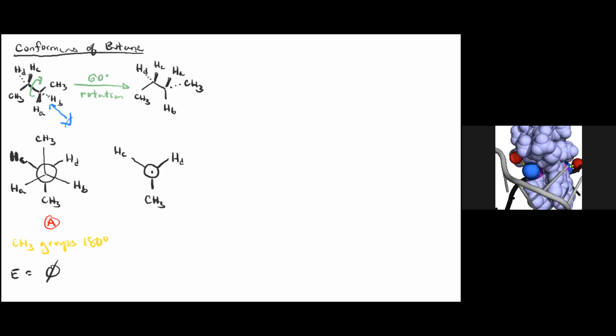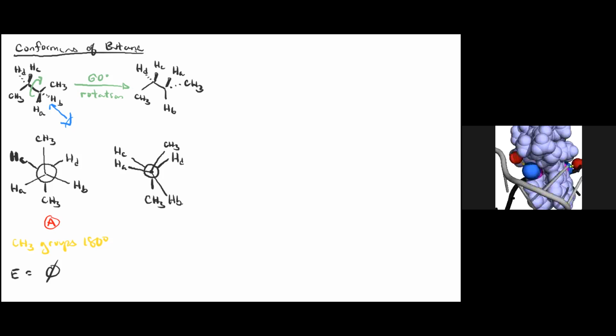And so the methyl group on the right is eclipsed with HD, so I'm going to draw that over here. HB is eclipsed with the methyl group on the left-hand carbon, or the one in the back, so that's here. And then HA is eclipsed with HC.